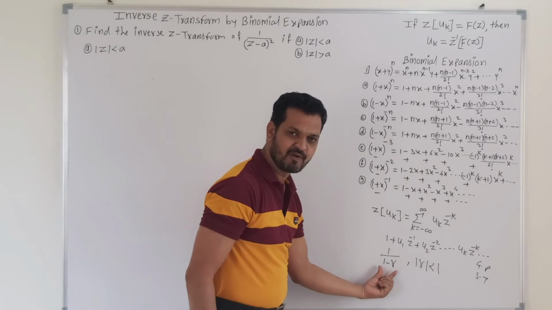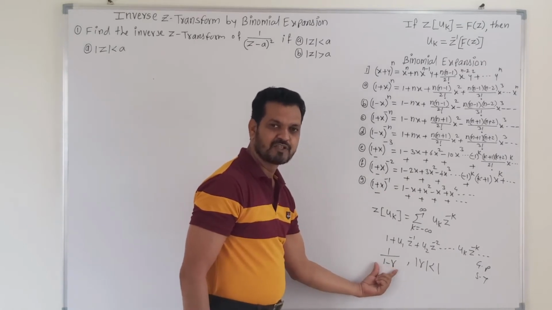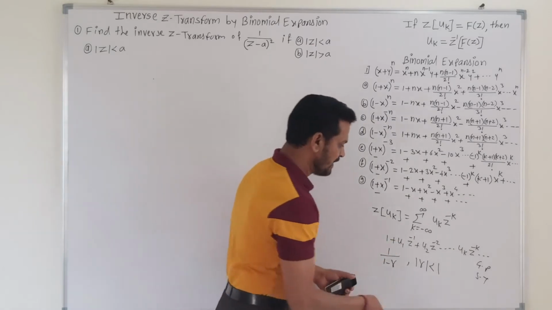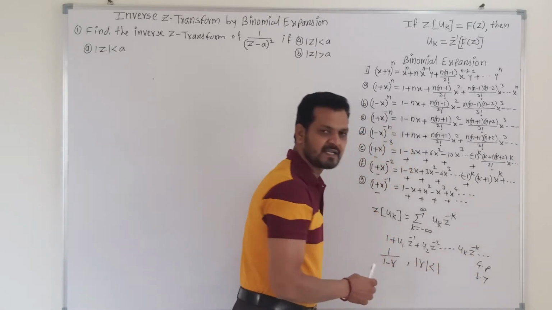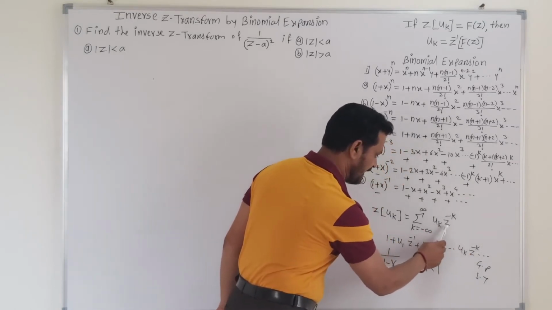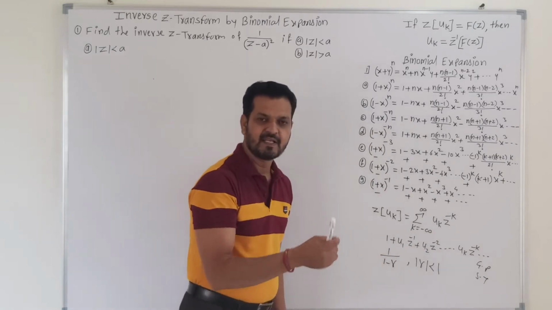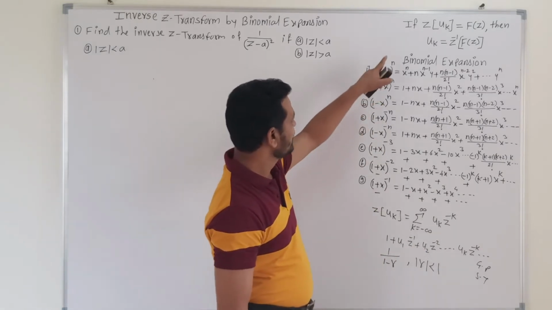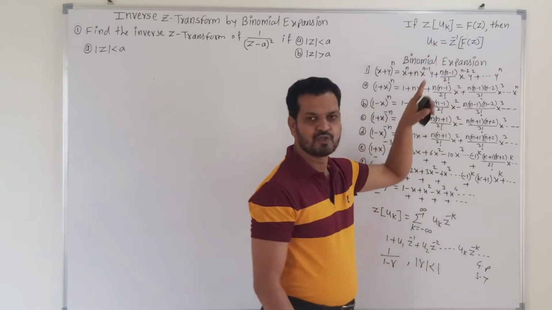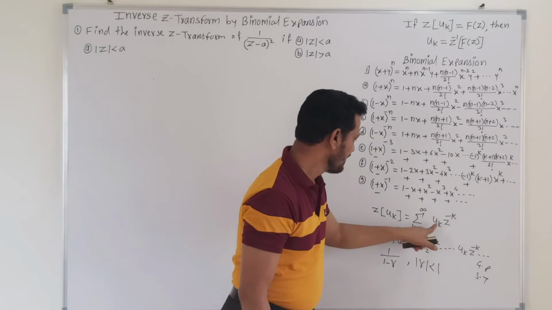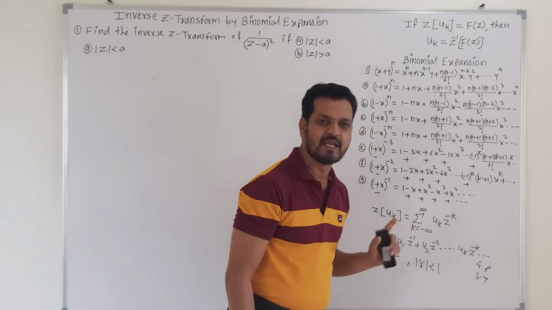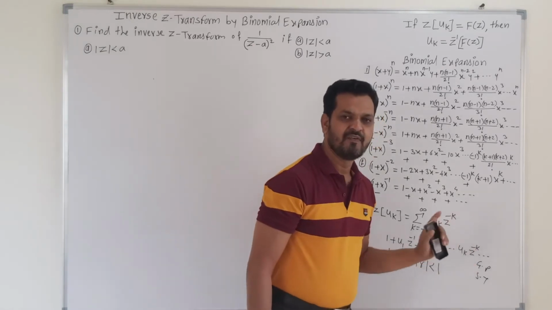After getting the standard form or such type of geometric progression sum formula, try to obtain such a geometric progression. Then, based on the Z raised to minus k term, its coefficient uk indicates the value of the sequence uk, and according to the inverse Z transformation, the given function means the sequence uk. So to find the inverse Z transformation means to find the coefficient of Z raised to minus k, and we get this coefficient with the help of such an expansion of a function.